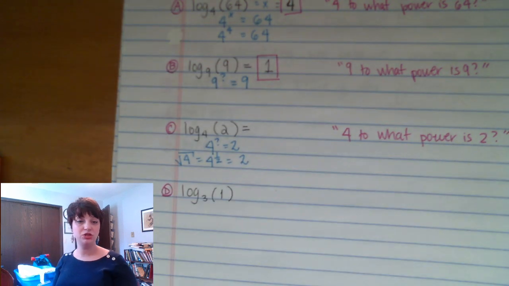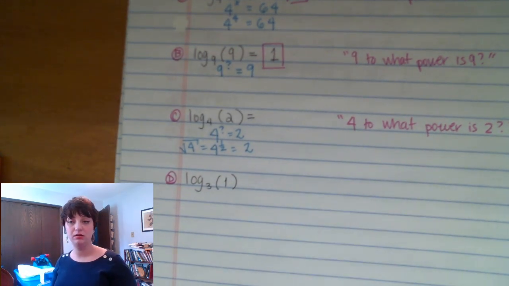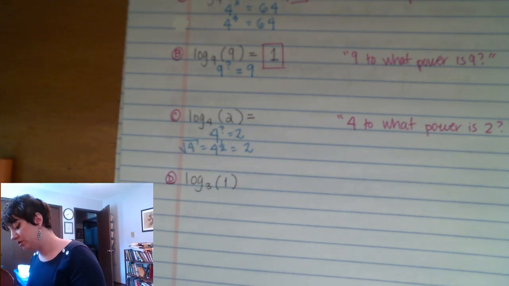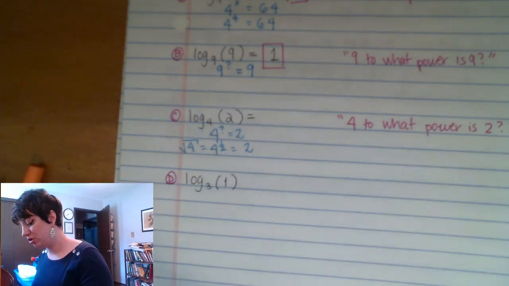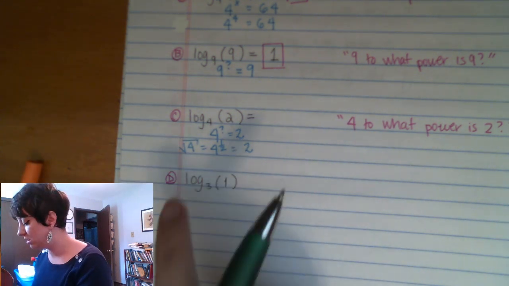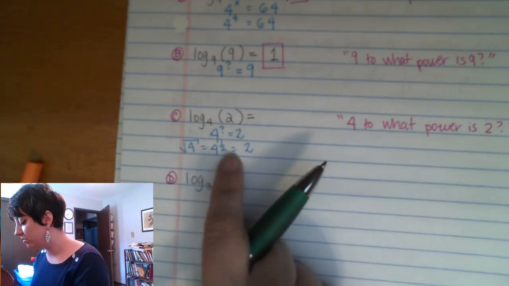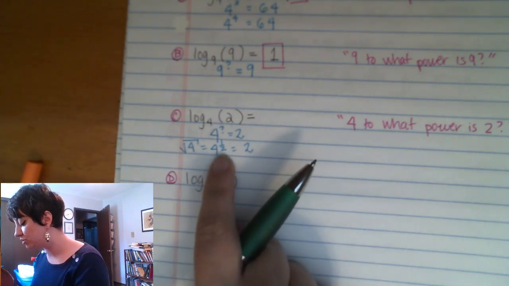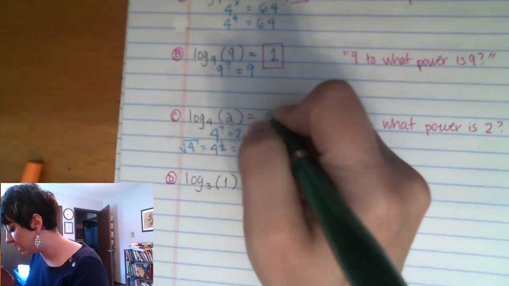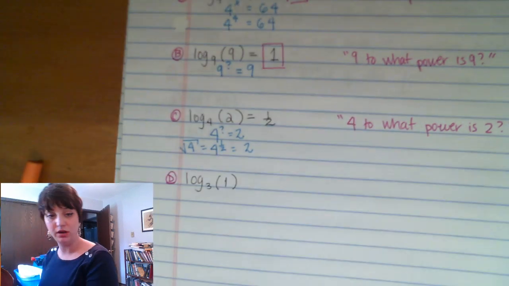I had mentioned that back in the very beginning of the class, when we were doing exponent rules, and I said it was going to come up again. Here's where it comes up again. If I want to take a square root, I can rewrite it as a fractional power. So 4 to what power is 2? The answer would be 1/2 power.